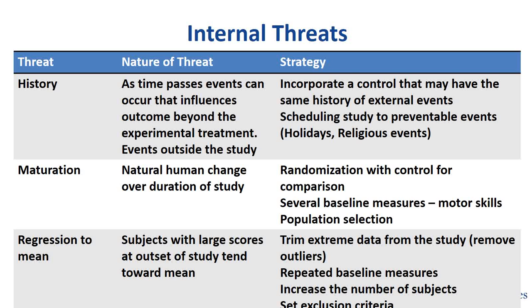History: as time passes, life happens, right? You could have a person go on and break their leg, and that's going to affect their ankle balance. So there are effects that occur outside the study that you can't do anything about. There are also things that you can control, like thinking about when you're starting data collection. When are you enrolling a patient? If I need to see that patient every week or every 2 weeks, I might not want to enroll them right after Thanksgiving when they're going to be gone for the next 2 or 3 weeks on holiday break.